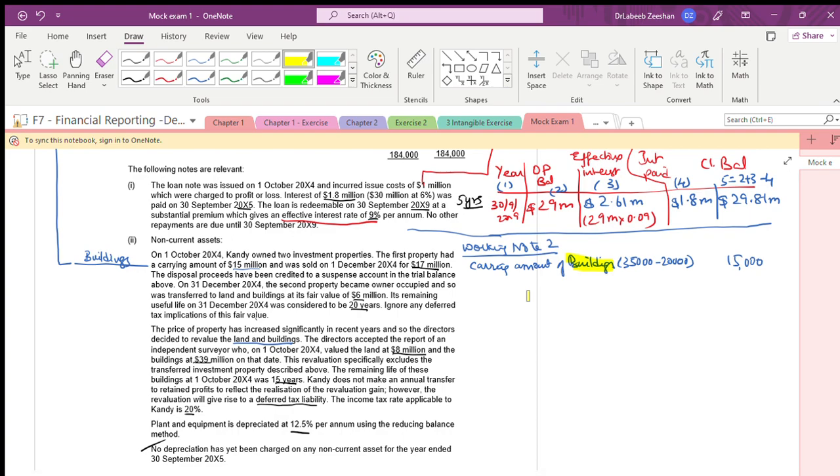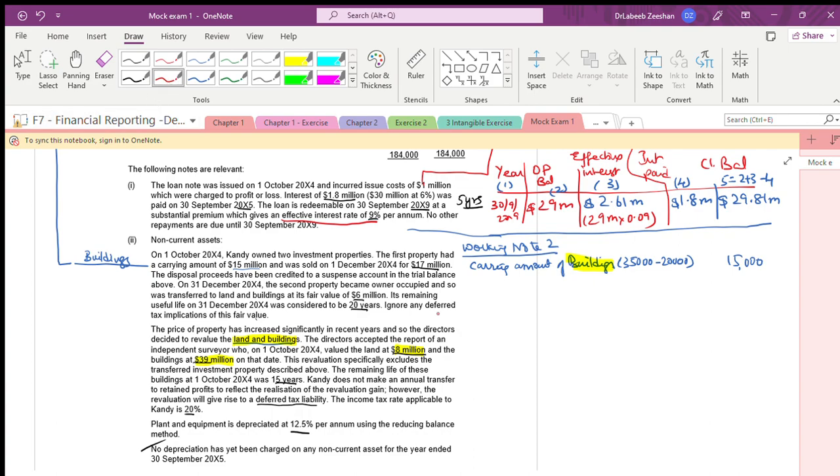The director accepts the report of the independent surveyor. The value of land is 8 million and the buildings is 39 million.